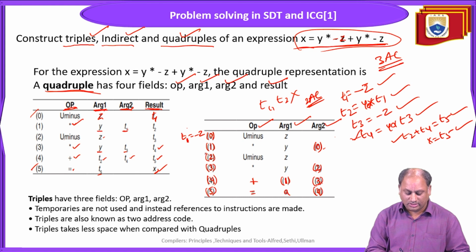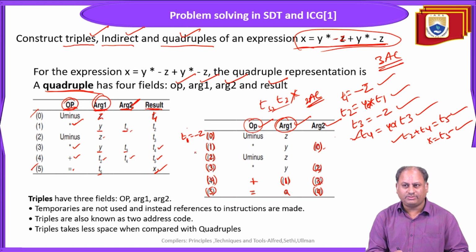Now here, the difference between the previous table and this table representation is that the operator is used in the same way as in the list of instructions specified, and argument 1 is also the same. But instead of argument 2, what it contains is T1 and T2, which are not going to be used.